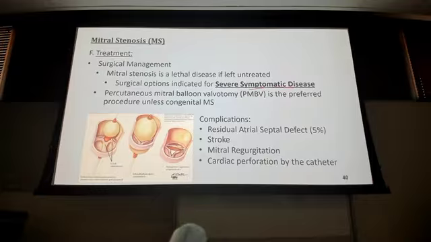The theory is that's going to rip those adhesions on the valves that are keeping those leaflets together, so that now those leaflets can function independently from each other. Okay, that's how this works.